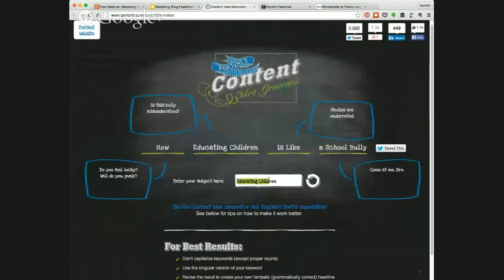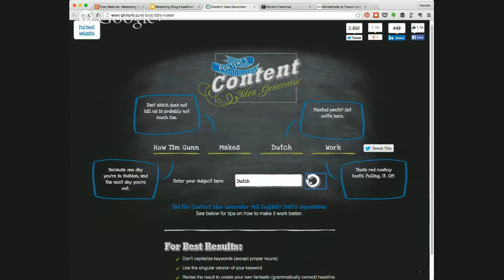Now, Lindsay was suggesting Dutch as a headline, so I'm just going to select that. So the Dutch language, the Dutch whatever. And what you've got there is straight away, again, you've got the interesting aspect.